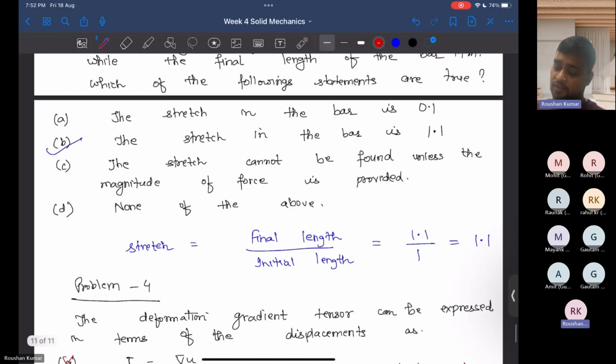In question number 3, I would like to mention one thing: if the same problem is there, but we are not asking about the stretch value, we are asking about the strain value. So what is the value of the strain in this case? Strain is nothing but change in length upon initial length.